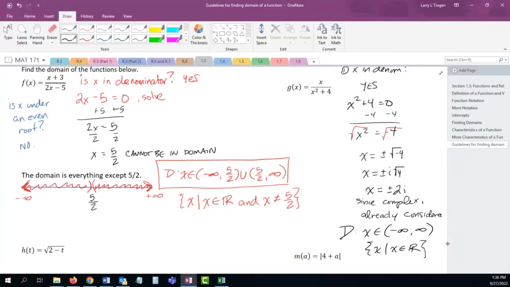There are no real numbers that make me divide by 0 or leave a negative underneath. Okay.